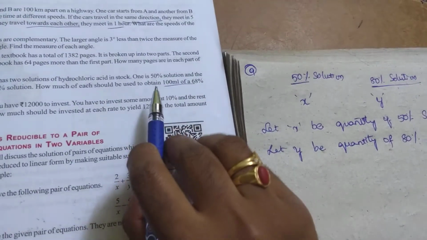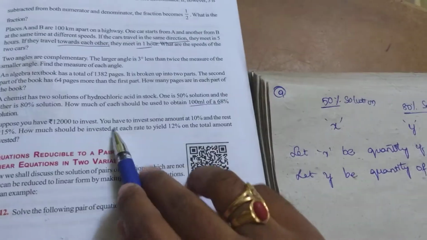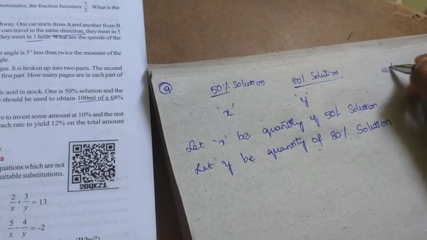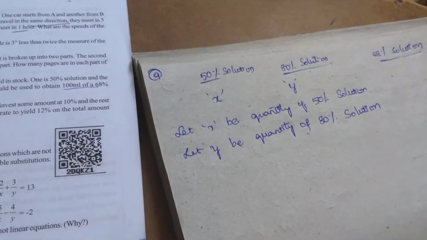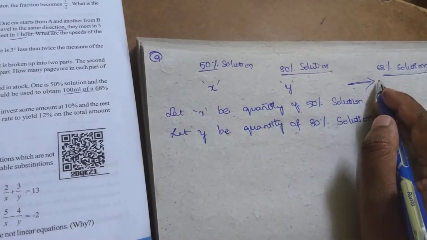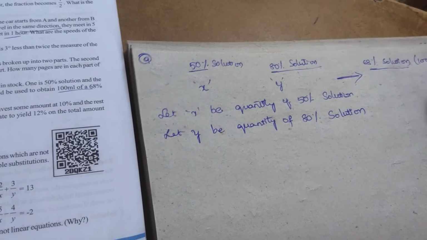So the result, what should we get? We need to get 100 ml of 68% solution. The result is 68% solution. So by combining these two solutions, you have to get 68% solution which is of 100 ml.